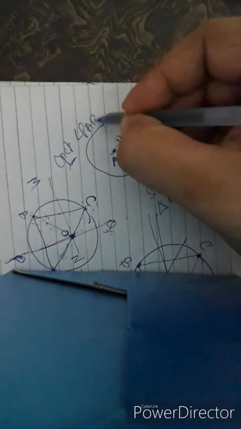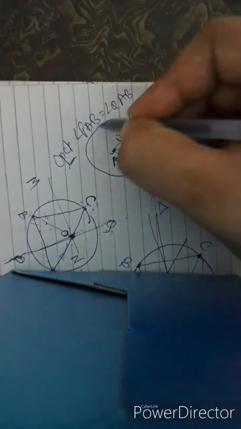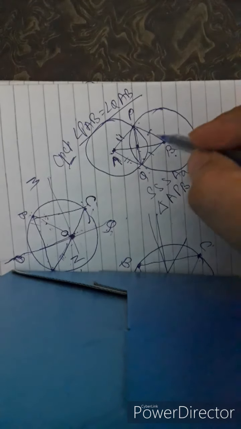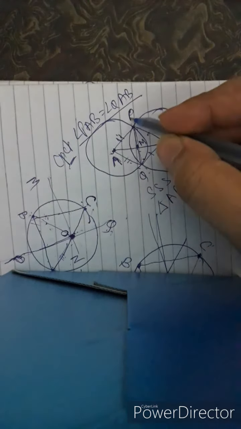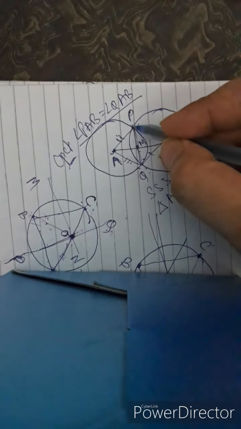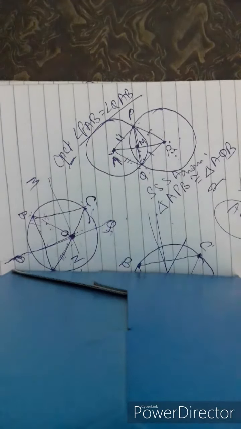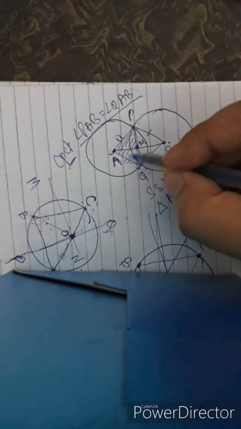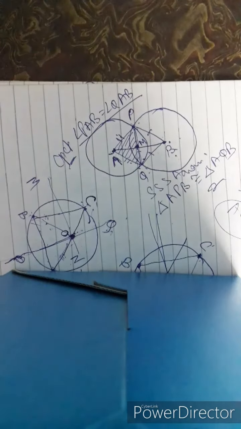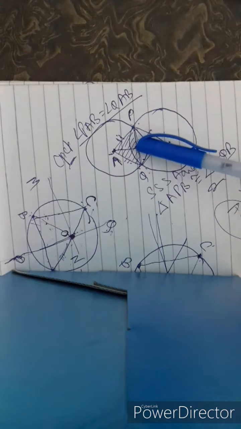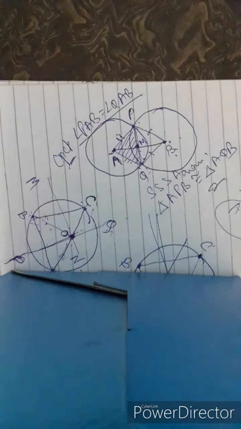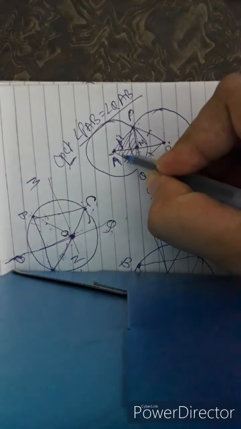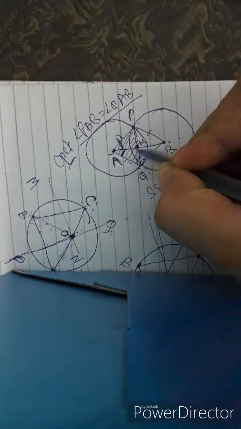Alright, now let us take this point as M. Now taking triangle PMA and QMA, only these two triangles, PMA and QMA. We just proved by CPCT this angle is equal to this angle, PAM equals QAM.